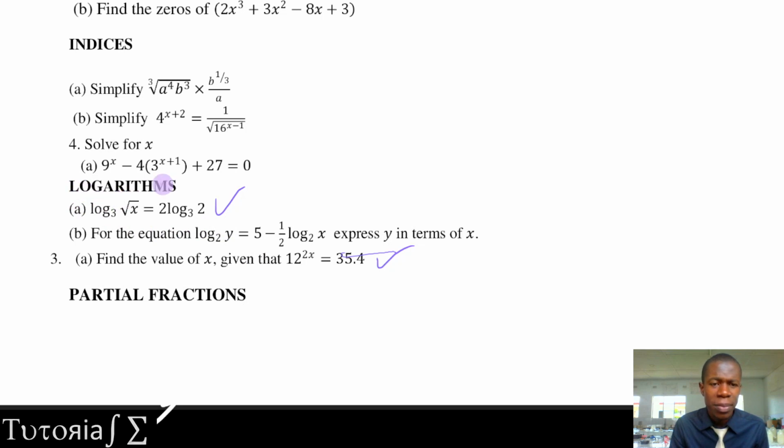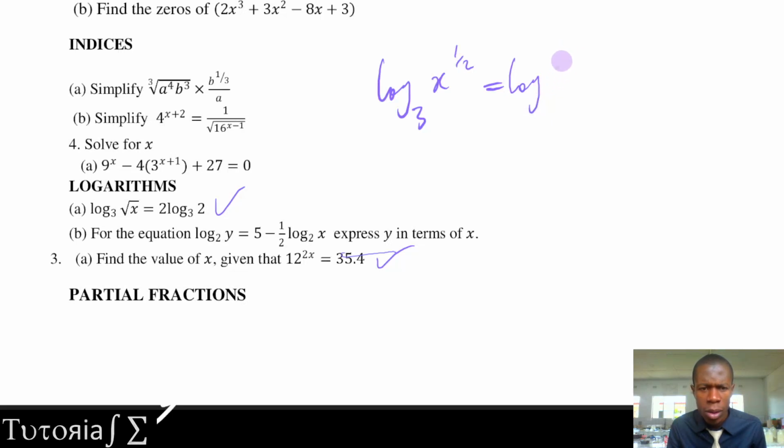Now here, we have log base 3 of x to the power half. Remember the power rule. This is an index of square root, the power half, is equal to log base 3 of 2.